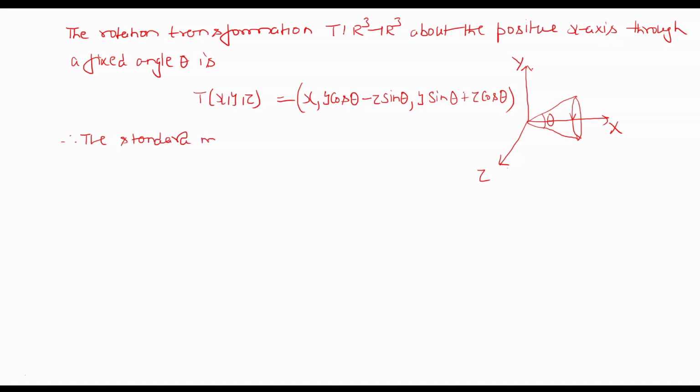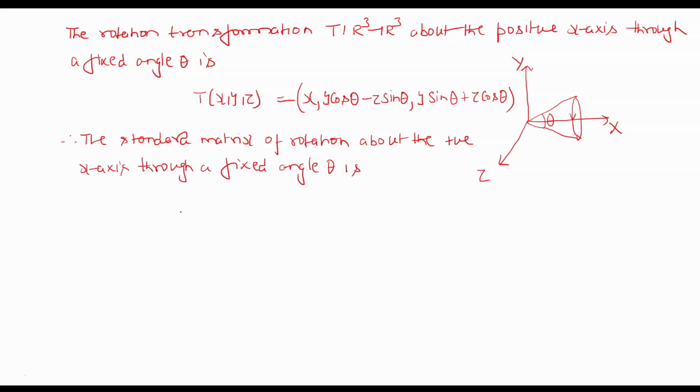The standard matrix of rotation about the positive x-axis through a fixed angle theta is A equal to: coefficient of x is 1 in the first component, y is 0, z is 0.